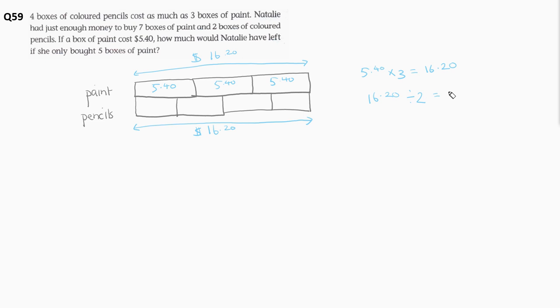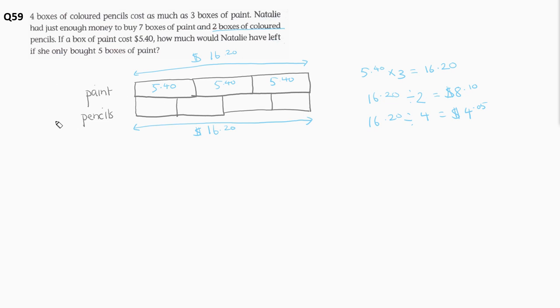And that is going to give us 8.10. All right, that is the cost of 2 boxes of coloured pencils. Okay, you could obviously divide that by 2 again, which would give you 4.05. Okay, so 16.20 divided by 4 would give us $4.05. That's the cost of each of these boxes of pencils.